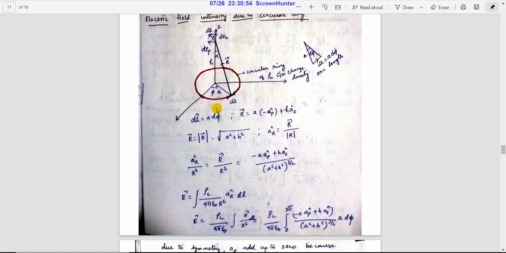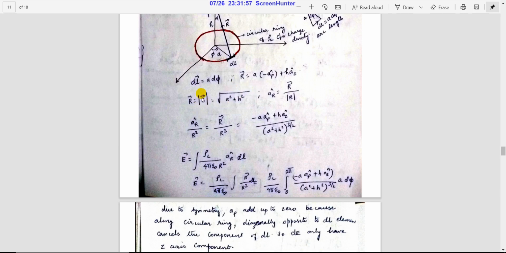In the cylindrical coordinate system, the r vector travels in the direction of minus rho vector, minus a rho vector, for a distance of a, because it travels from the dl line segment to the point. So the r vector is a into minus a rho cap plus, along the z-axis, h into a z cap.